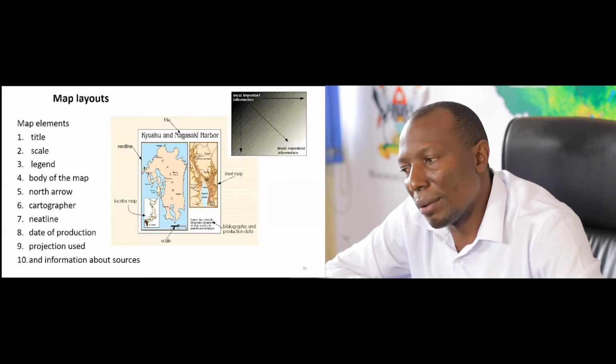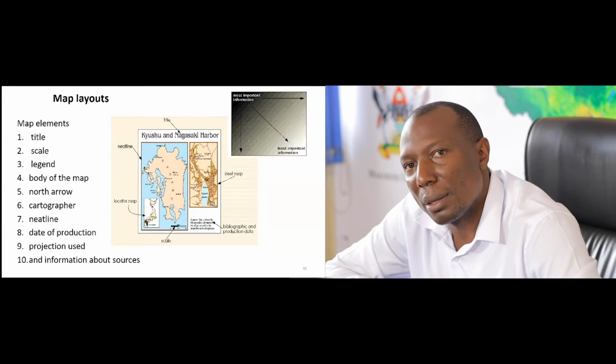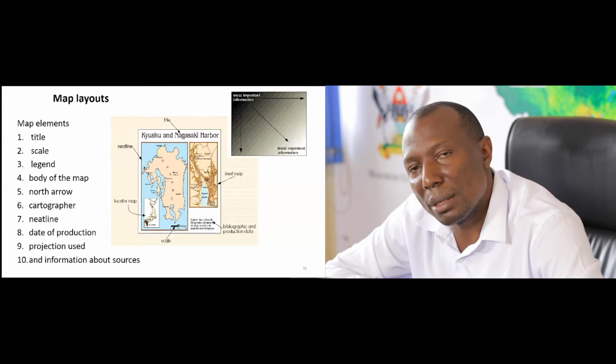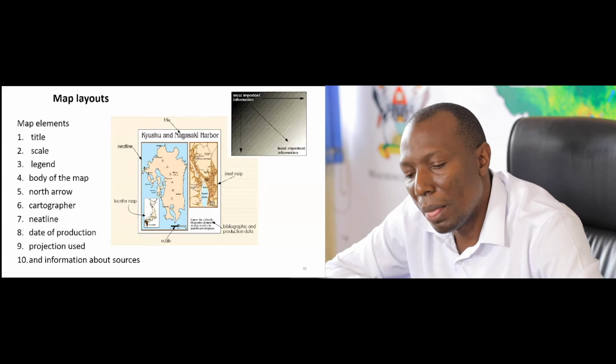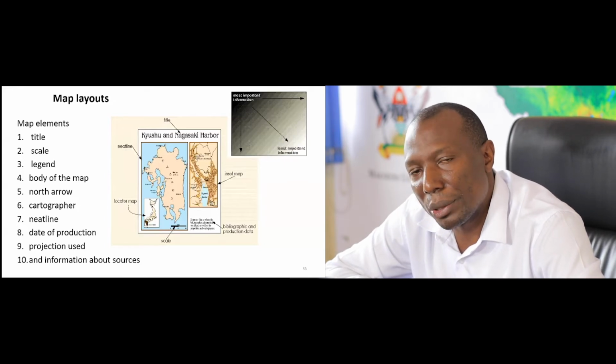So the elements of a map generally are titles, scales, legends, the body of the map, a north arrow, what most people refer to as a key, midlines, and date of publication.